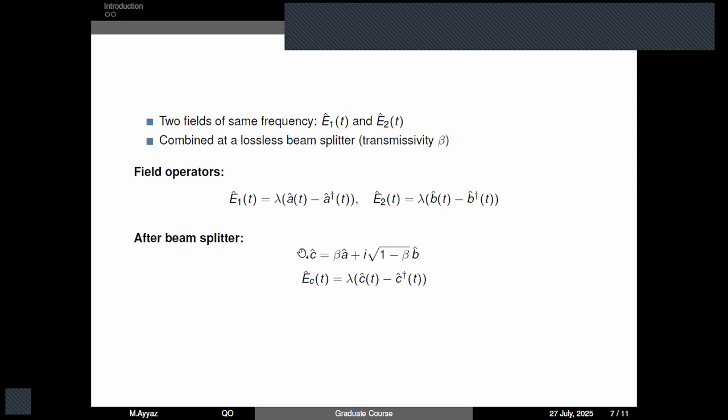The combined annihilation operator can be written as this, where the exponential term represents the phase gained by the reflected light. So the combined electric field operator can be written as this in terms of the combined creation and annihilation operators.